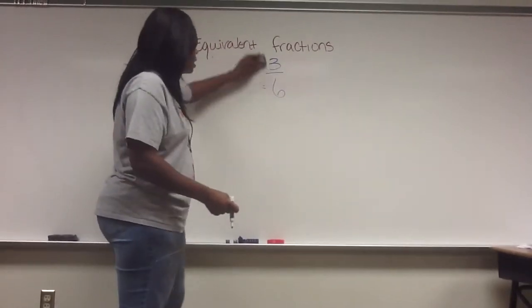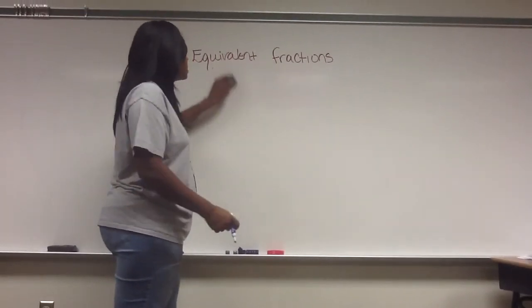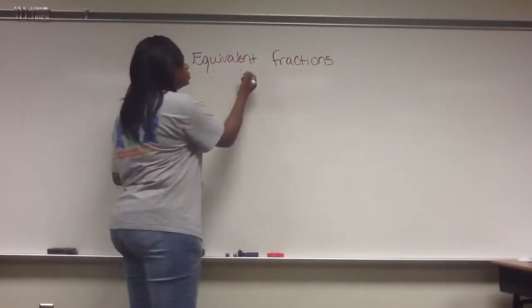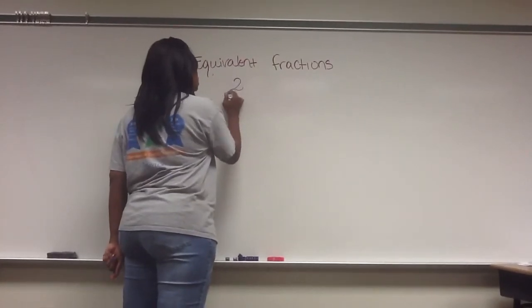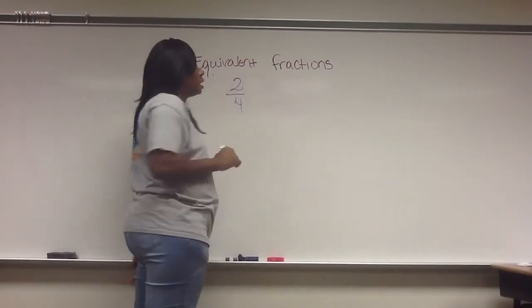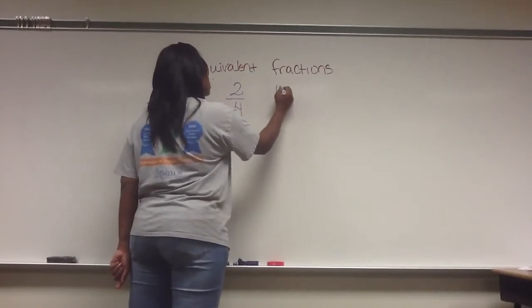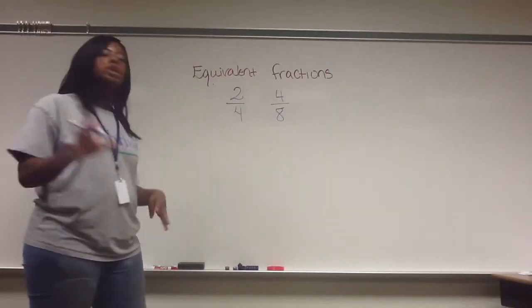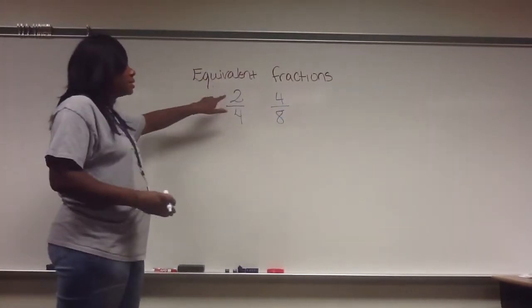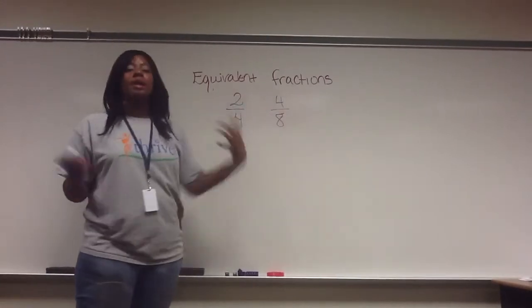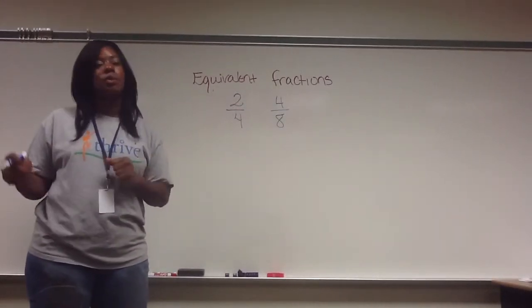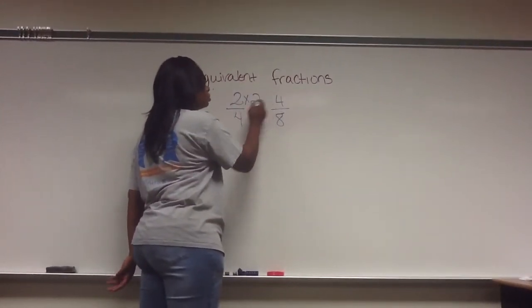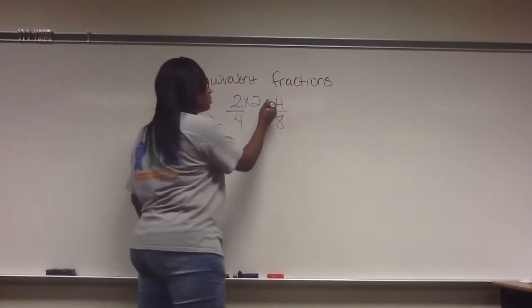Let's try something else. Okay, two other fractions that I had up here were 2/4 and 4/8. So we're going to try and find the relationship, the process that helps us get from 2 to 4. In other words, what can you do to the number 2 to make it equal a 4? If you said times 2, you are correct because 2 times 2 does equal 4.